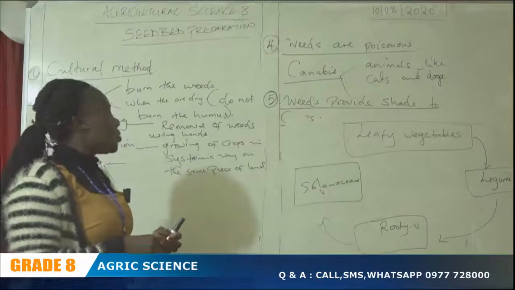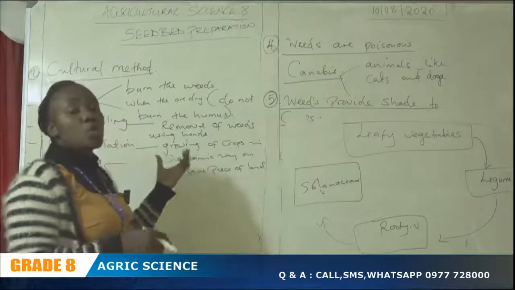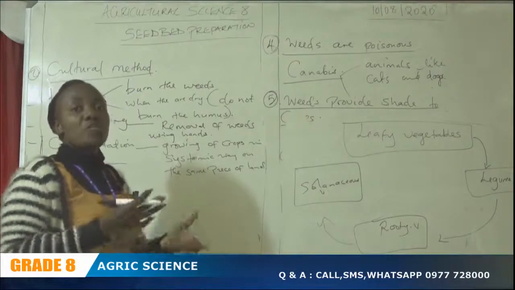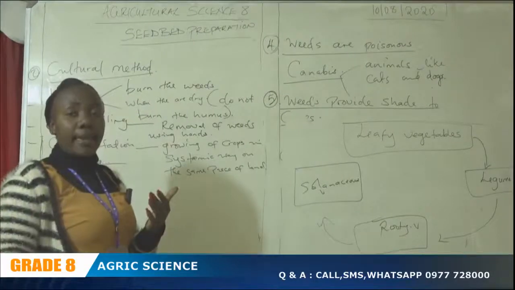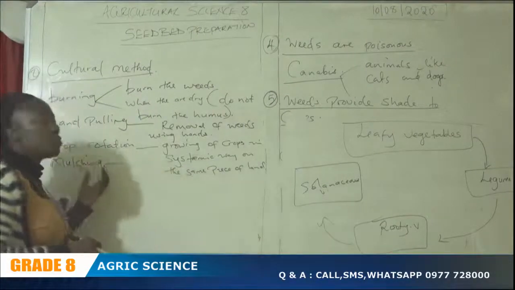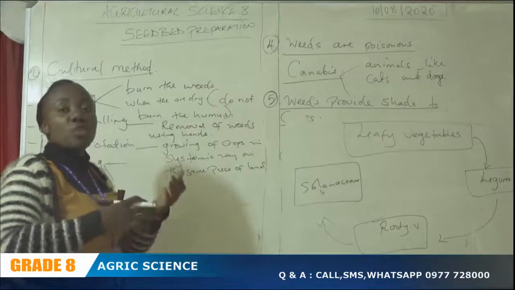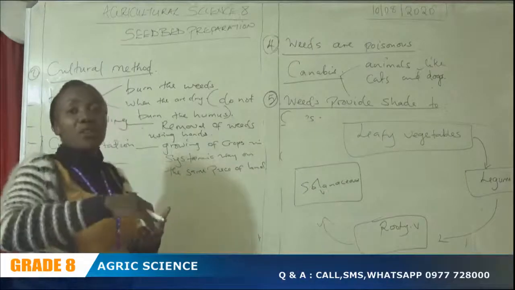Apart from that, we mulch the crops to suppress the weeds that grow faster than the crops.